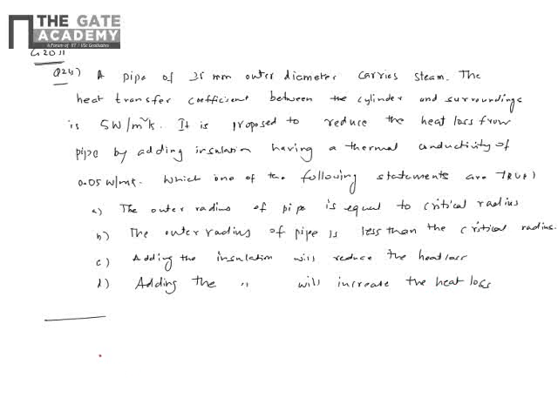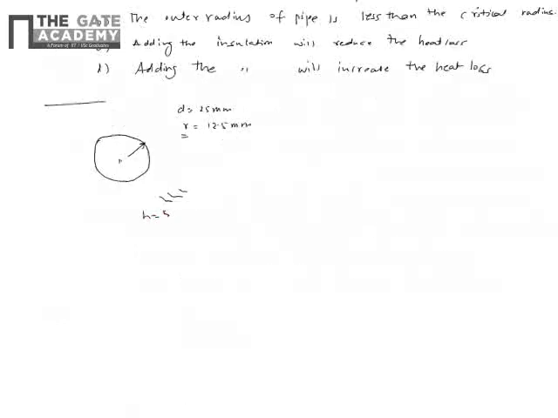So let's first write down what is given. You have a pipe, which I'm assuming is cylindrical. The outer diameter is given, which is 25 mm, so the radius is 12.5 mm, half of it. Your heat transfer coefficient for the surroundings, H, is 5 watt per meter square Kelvin, and this is a solid pipe.